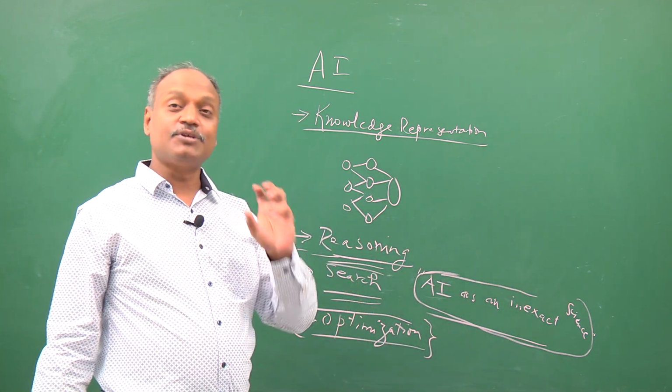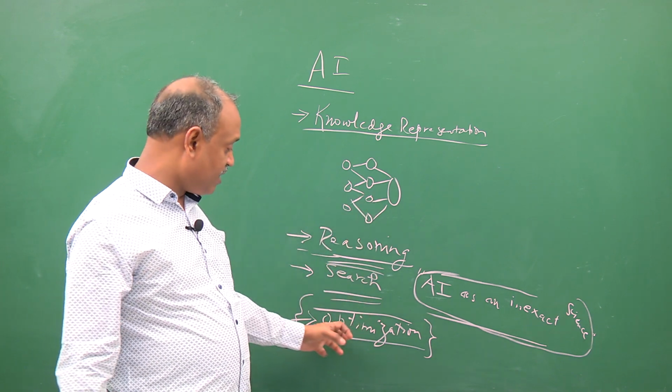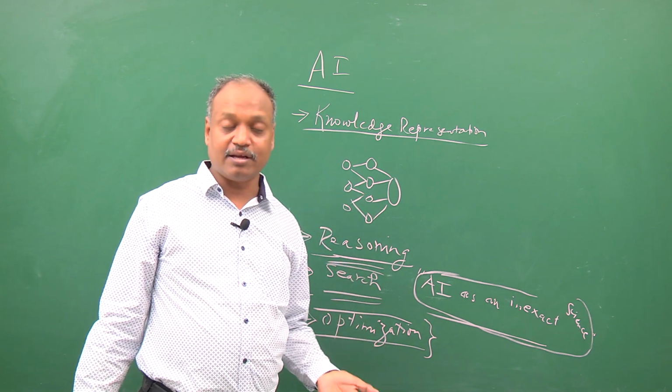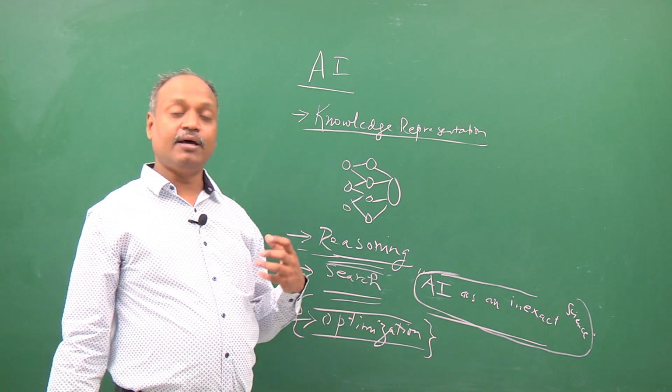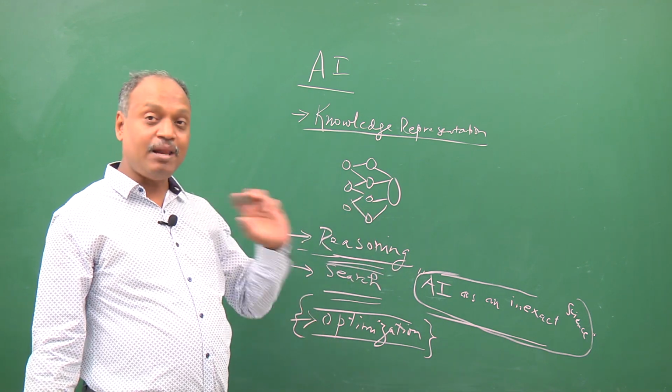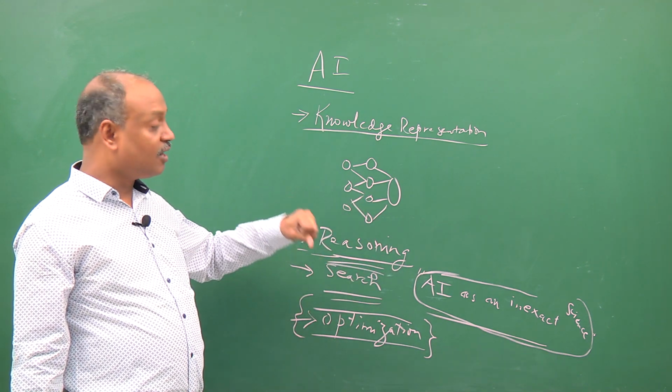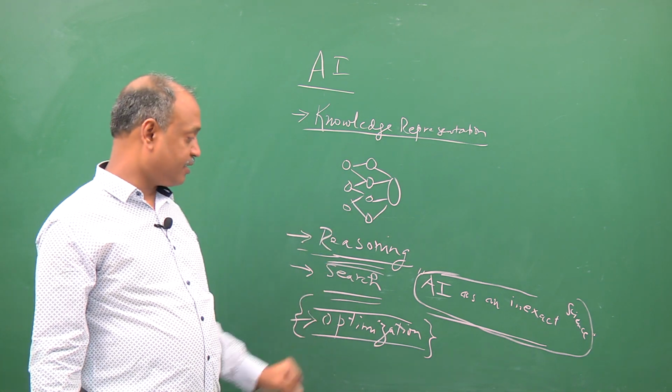So optimization becomes a key tenet of AI. That's why we have optimization techniques in AI like planning and constraint programming, which help in modeling and optimizing objective functions in terms of the stated goal.